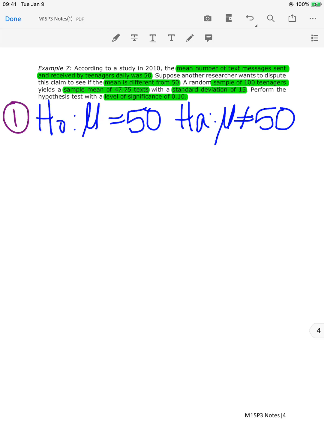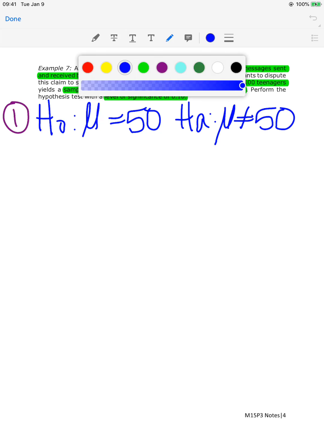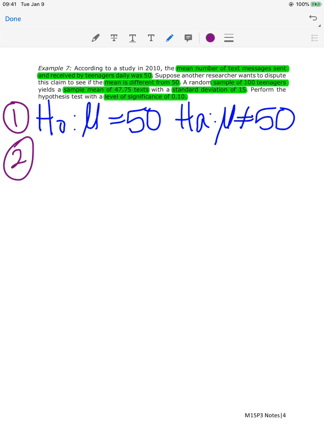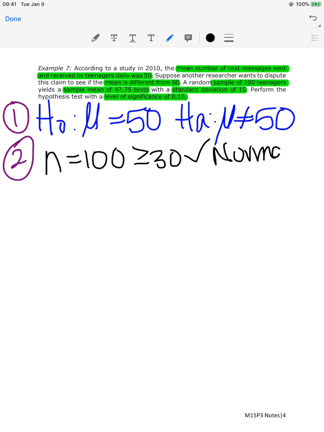So different means not equal to. Step 2, is this normal? We weren't told it's normal, but our sample size is 100, which is greater than or equal to 30, so it is in fact normal.